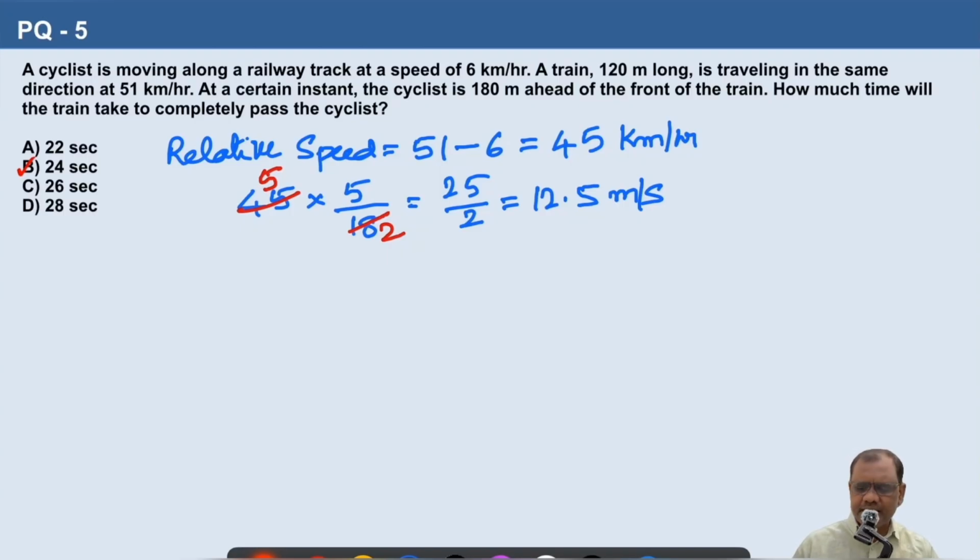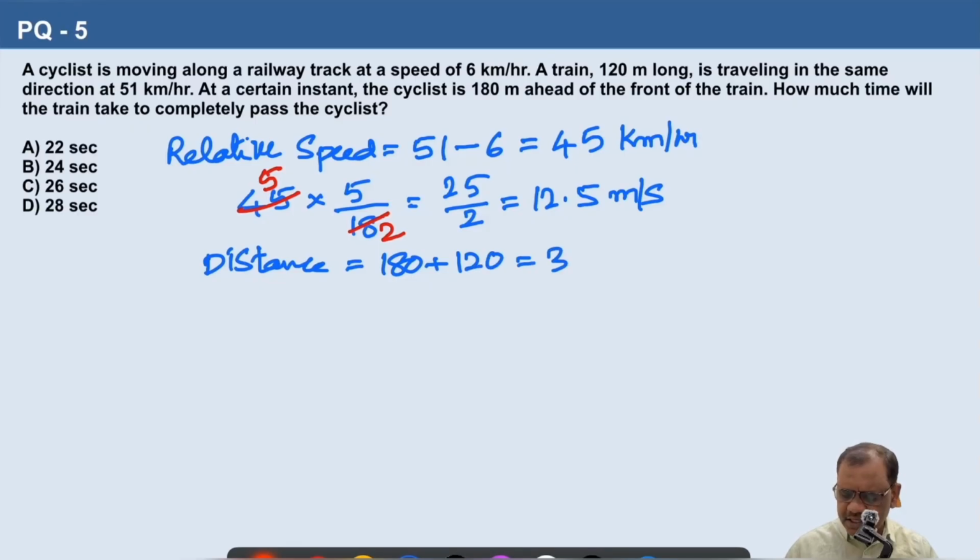So to cross the cyclist, the train has to cover the existing distance of 180 meters between the train and the cyclist and also the length of the train, 120 meters. If you add this, you will get 300 meters. So this is the distance to be covered.